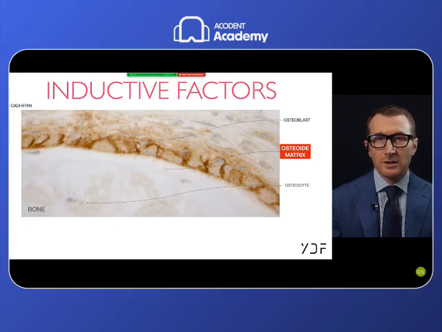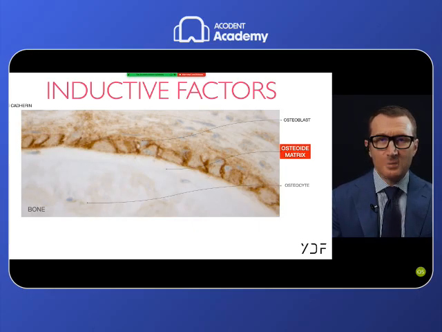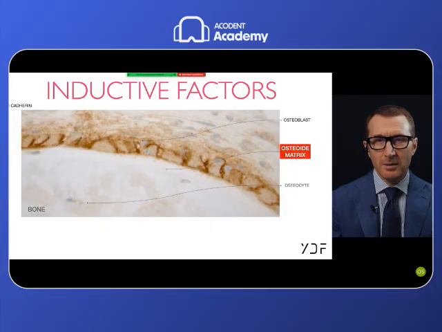They are locked into the mineralized tissue, and they are unlocked during the first inflammatory phase post the surgical procedure, where the mineralized part is going to be demineralized and the osteoid matrix is going to be exposed to the wound area, and this osteoid matrix rich in BMPs will represent an inductive factor for the mesenchymal cells in that area that are going to be transformed into new osteoblasts.